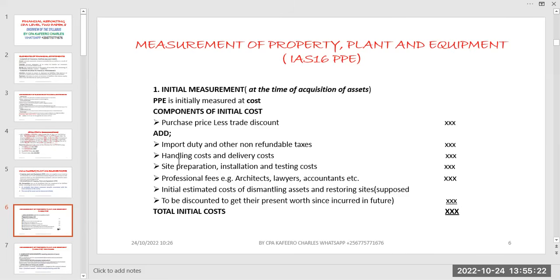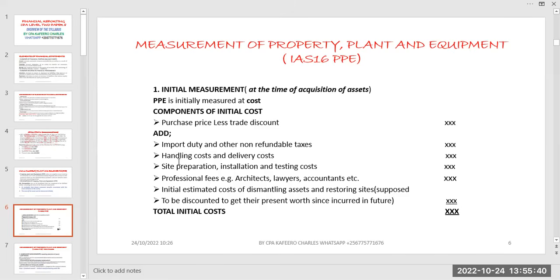Even the transport we are incurring from overseas to Uganda, where the item is going to be operating from, those costs we are supposed to accumulate, or capitalize, to get the total cost we've incurred.